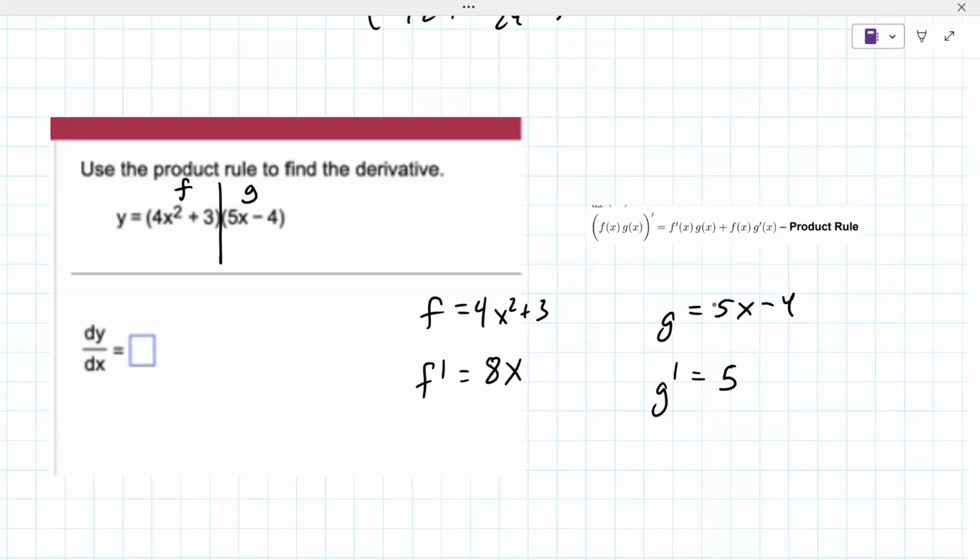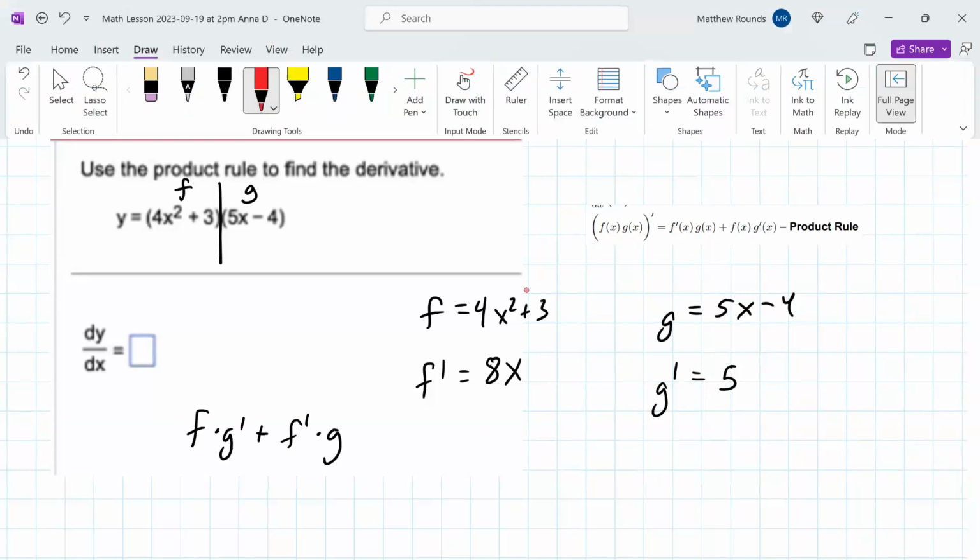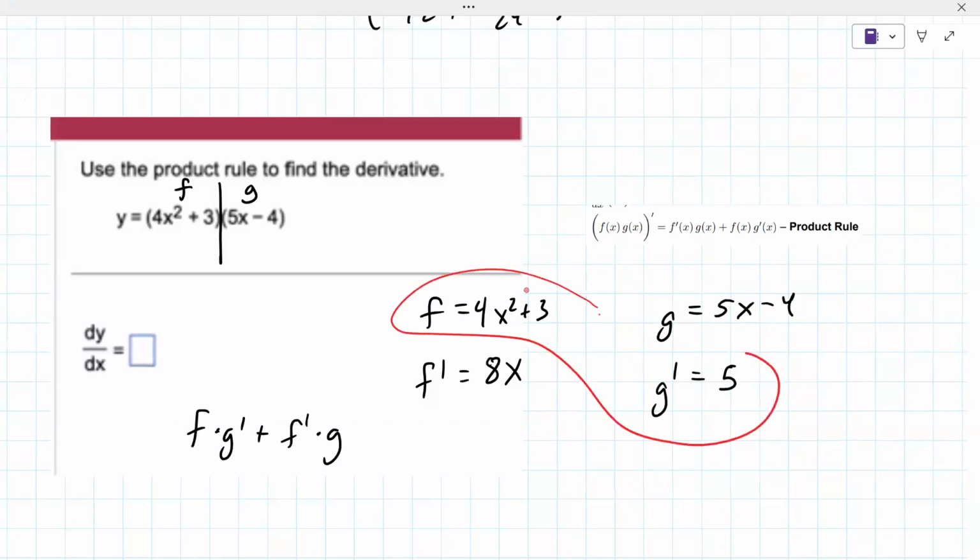Good, very good, yeah. All right, so the derivative rule says when it's a product like this, F and G, and it's written over here, but they use this function notation, which isn't all that helpful. It's F times G prime plus F prime times G. And what you're essentially doing is taking these and multiplying them diagonally.